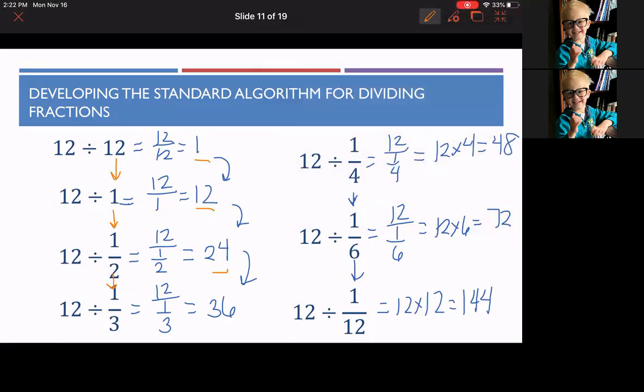Once you get that procedure down, now they understand where it comes from, and now you can use it as this flip and multiply, or multiply by the reciprocal. And that's really important to do, but you have to do the beginning. Lay that conceptual understanding first before you get into the procedures.